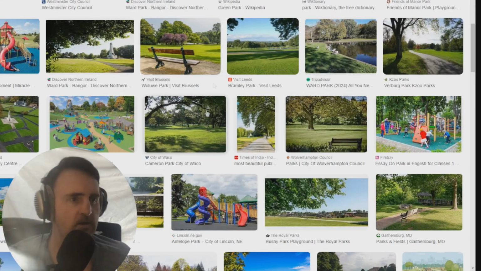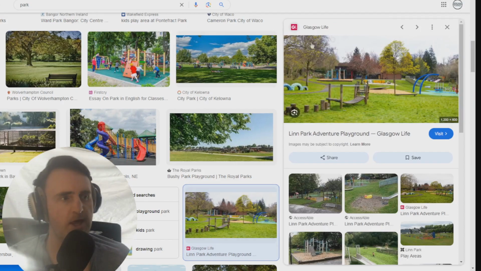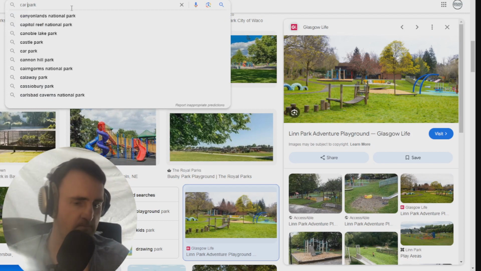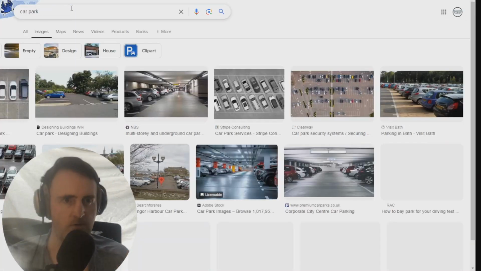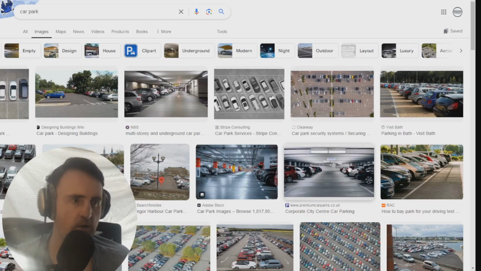And then we have park. So in the city, you'll have a little area of grass and play area, trees. That's a park. But when you get into your car and you stop, you have to park the car. These cars are parked, so as soon as you stop, put the handbrake on, your car is parked.